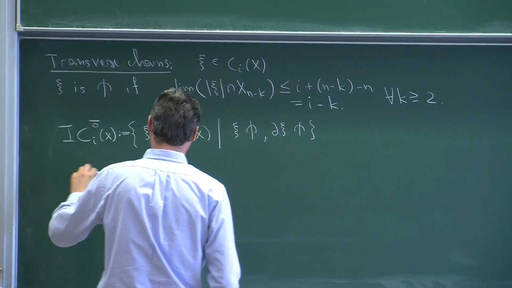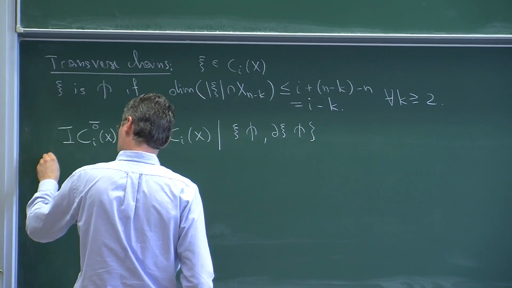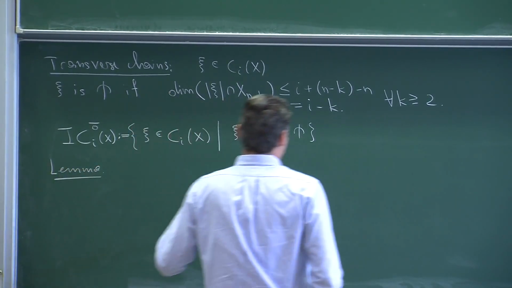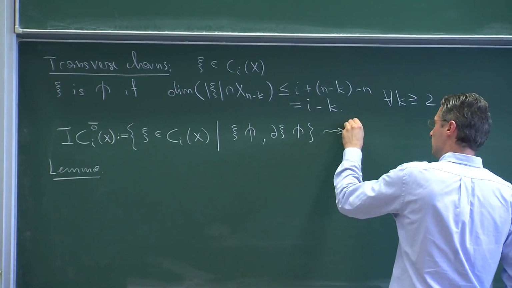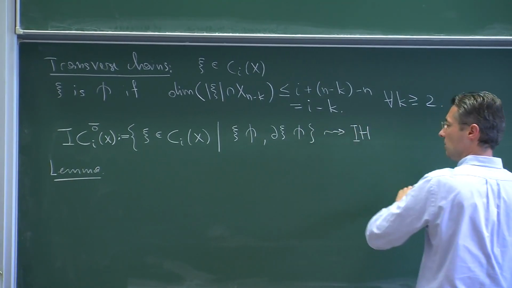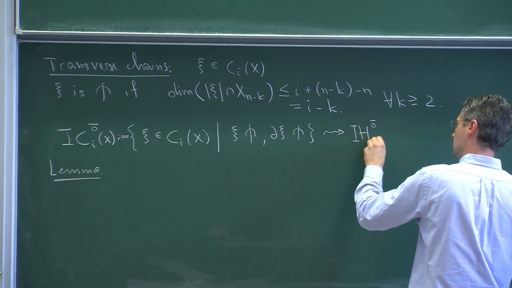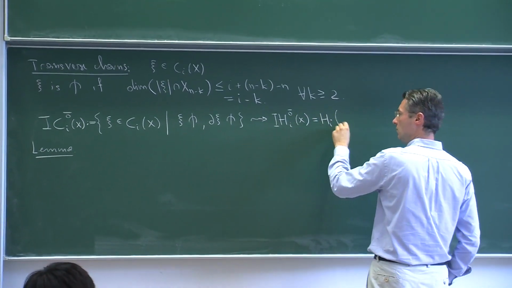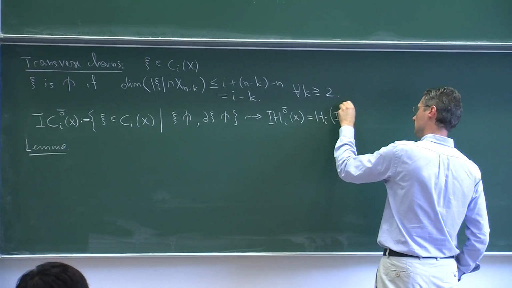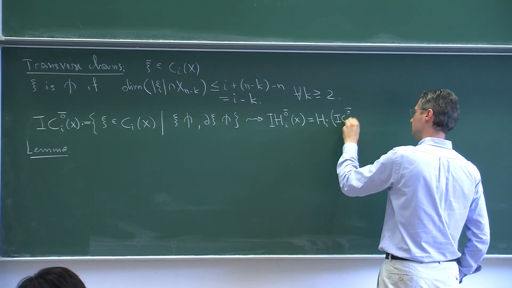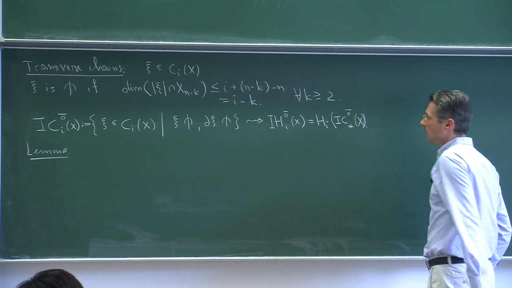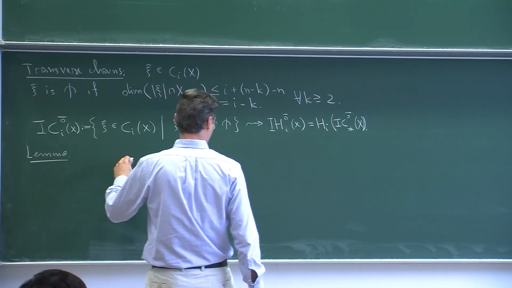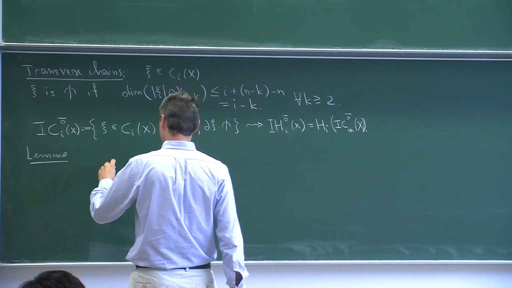Now let's think about the following lemma. So this leads, of course, to homology groups, which I call IH0 I of x. That's just the homology of that chain complex, of course. So I want to think about cap product with the fundamental class.